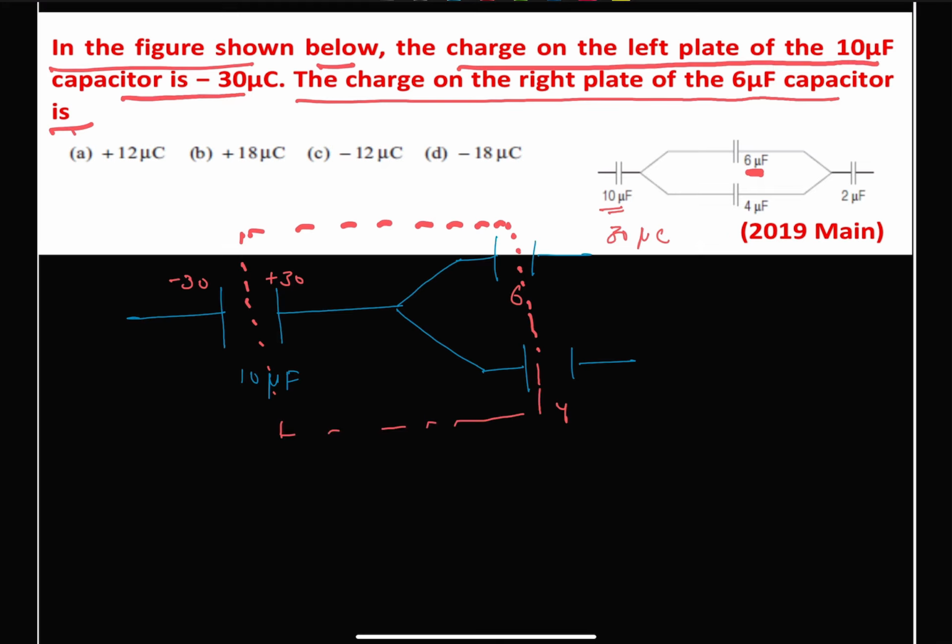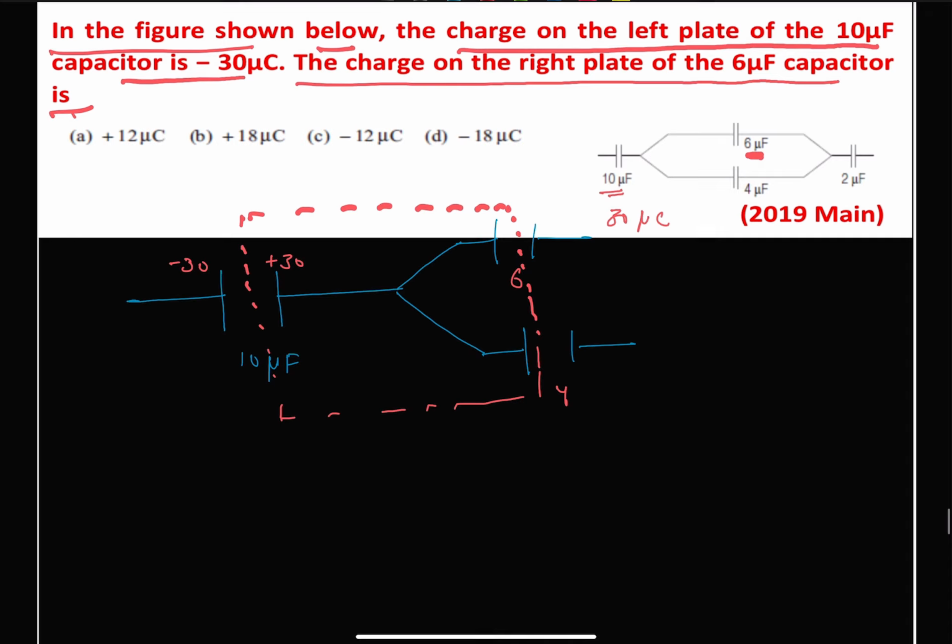In the shorter version we can say that because left and right only give us a sign, the magnitude will be the same. Like in the 10 microfarad, we can conclude that the charge on this is 30 microcoulomb, not farad. So the magnitude is 30, and left and right there will be positive and negative.